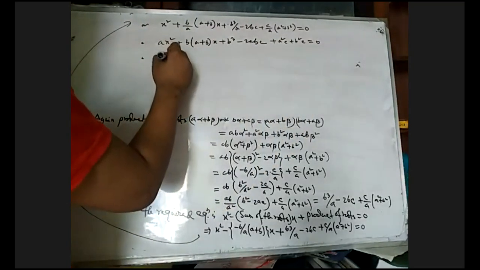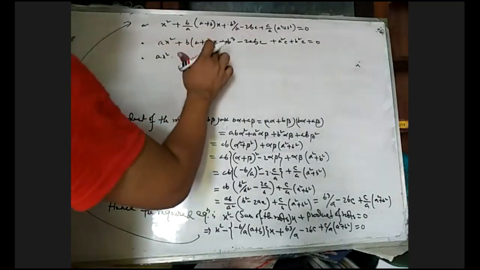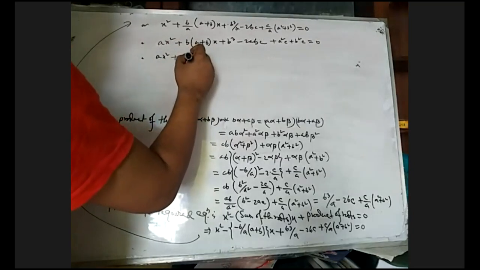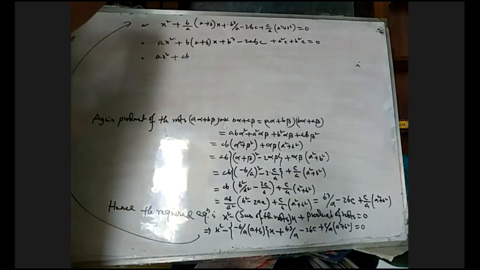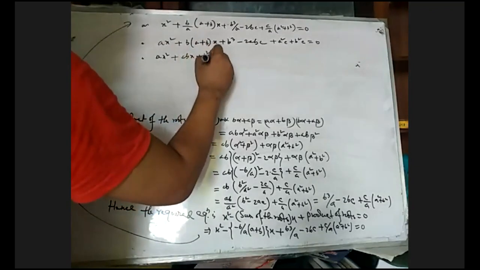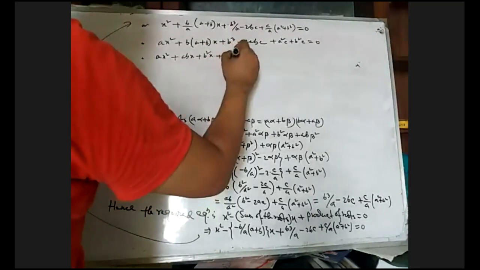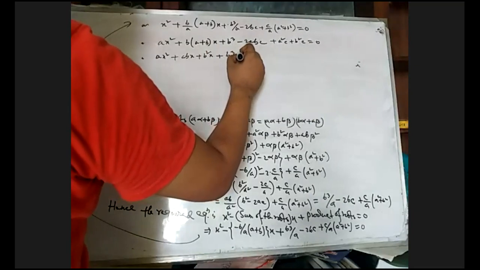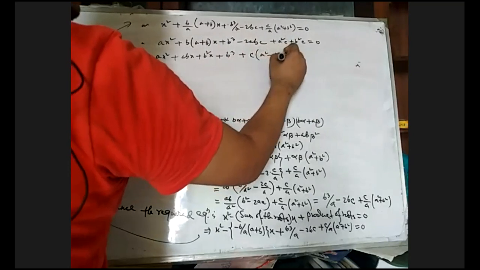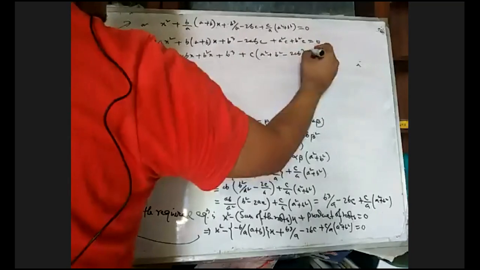So x square plus ab x plus b square x plus b cube plus c into a square plus b square minus twice ab equals to 0.